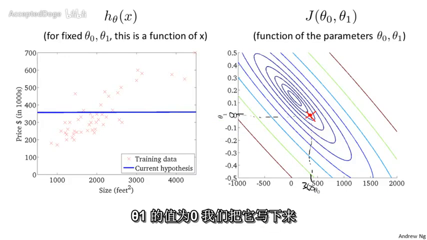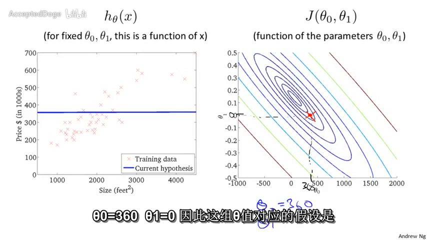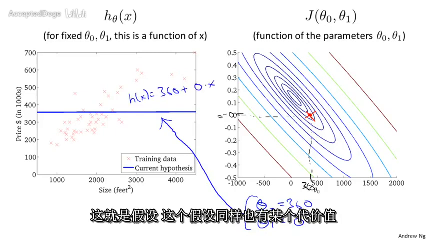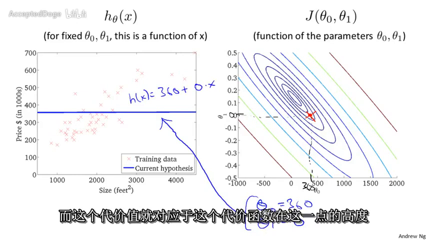So let's write that out: theta 0 equals 360, theta 1 equals 0. This pair of parameters corresponds to a flat line, h of x equals 360 plus 0 times x. So that's my hypothesis, and this hypothesis again has some cost, plotted as the height of the J function at that point.